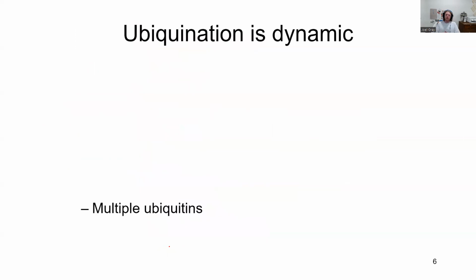Now, ubiquitination is a very dynamic process. Let me rephrase that. Ubiquitins can be added to and removed from a protein.